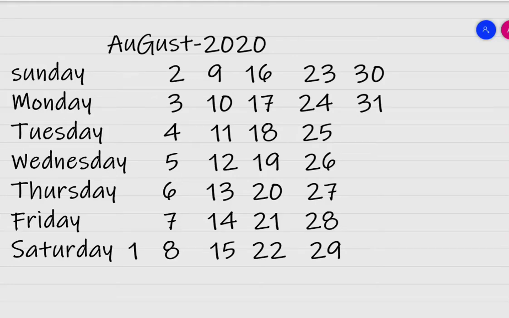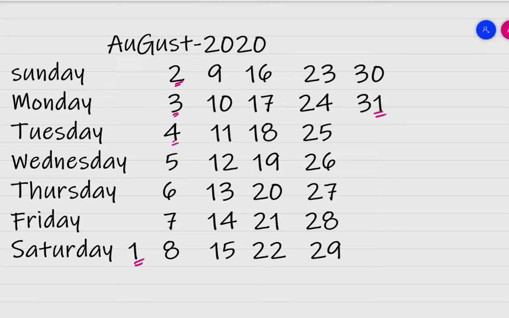Now let us continue with our topic, arithmetic progressions. As you all can see on the whiteboard, we have the calendar of August 2020. There are 31 days, and you can realize, children, that we have dates 1, 2, 3, 4, like this up to 31.